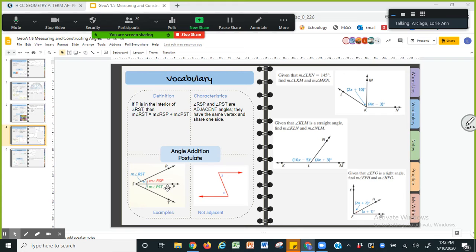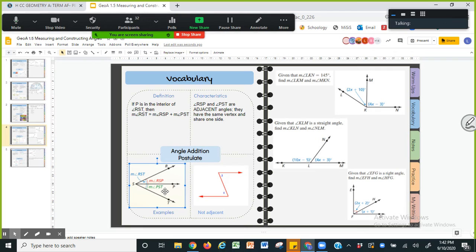So in symbols, in geometry, if P is in the interior of the biggest angle, RST, then RST, which is the biggest one, is equal to RSP plus PST.